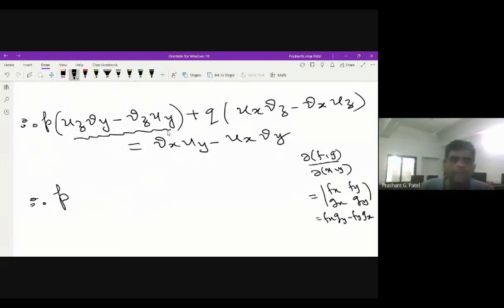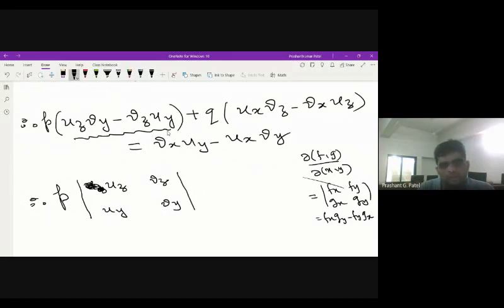If you compare this with that, the coefficient of p is the determinant of uz, uy, vz, vy, so it is uz vy minus this.